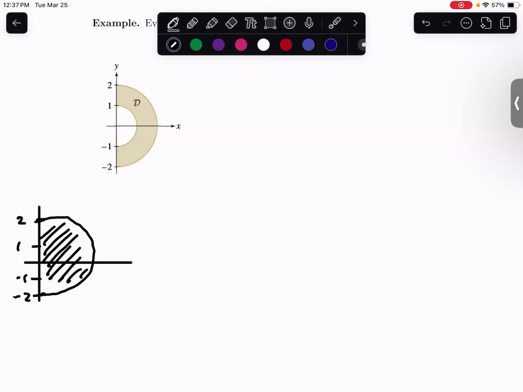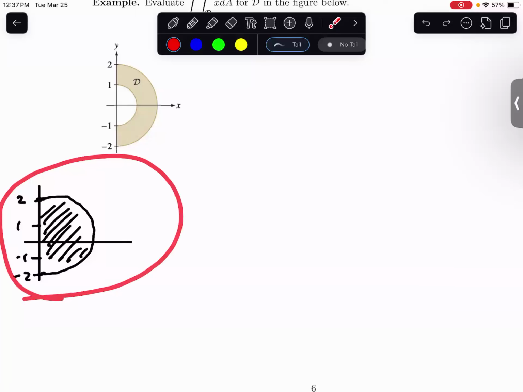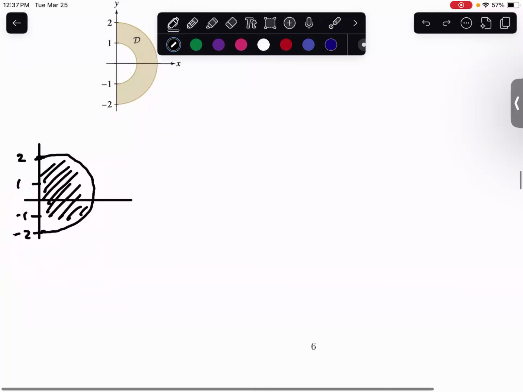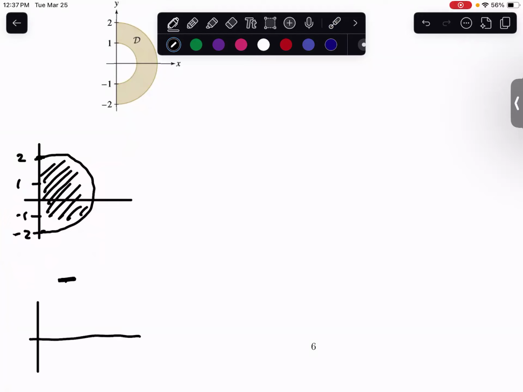And then to go from this semicircle of radius 2 to what we have here, you subtract the semicircle of radius 1. So we're looking at this semicircle, and then we're subtracting from it, like a subtraction sign, the region where it's just the semicircle of radius 1.